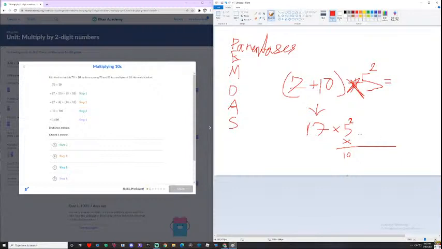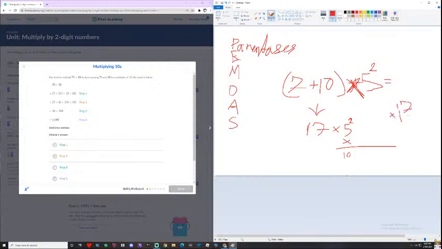That means that number is not what the bigger number is. You have to multiply that number times its exponent to get what it actually is. So 5 to the second power is 10. Then we're going to multiply 17 by 10.